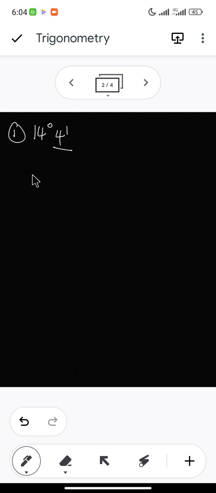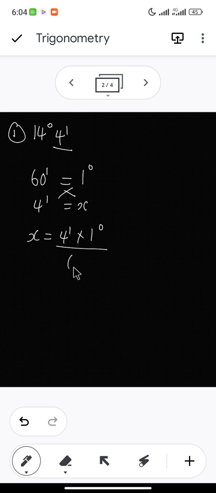So if 60 minutes gives you 1 degree, 4 minutes will give you what? x. Cross multiply. x gives you 4 minutes times 1 degree all over 60 minutes. Minutes will cancel out. So you're left with 4 over 60 degrees. This gives you 0.0667 degree.